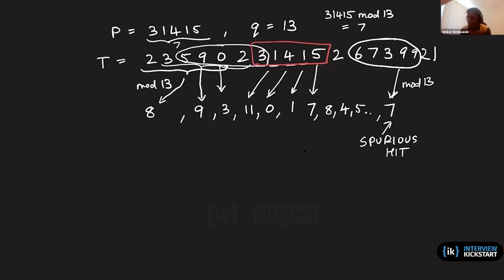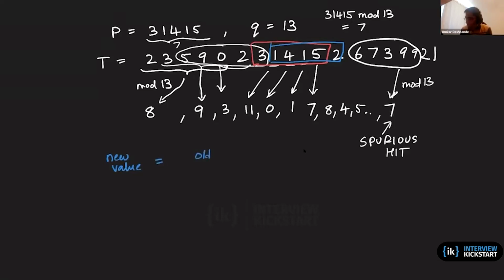Just to recap, how are we taking this operation? Suppose we have 31415 already computed. Suppose we want to go from this red window to this blue window, 14152. The way we will compute the new value is we'll take the old value.